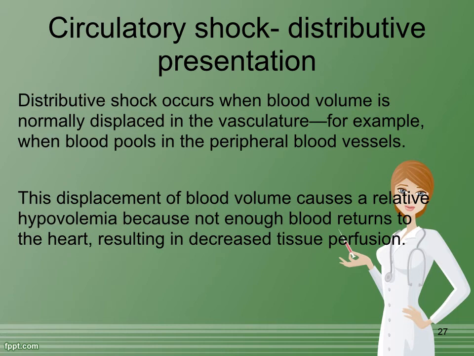So distributive shock occurs when blood volume is abnormally displaced in the vasculature. For example, when blood is getting pooled in the peripheral blood vessels. And this displacement of blood volume causes a relative hypovolemia because not enough blood is returning to the heart, resulting in decreased tissue perfusion.